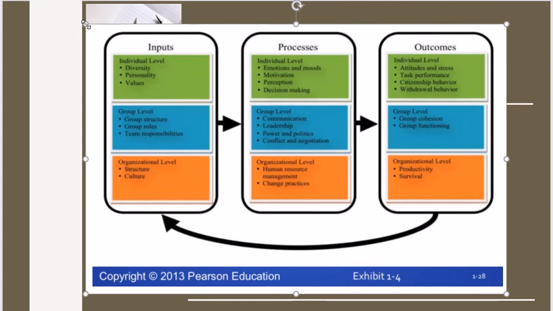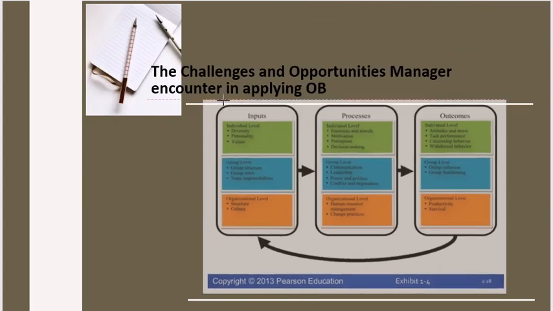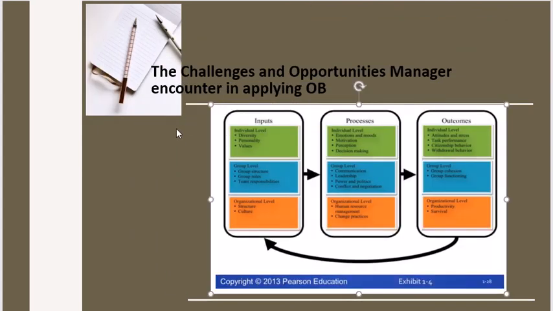So if you will notice, in the different IPO methods we use for OB, for the managers, usually the inputs are the variables that lead to the processes. This is what we call group structure, roles, and team responsibilities, which are typically assigned before or after a group is formed.